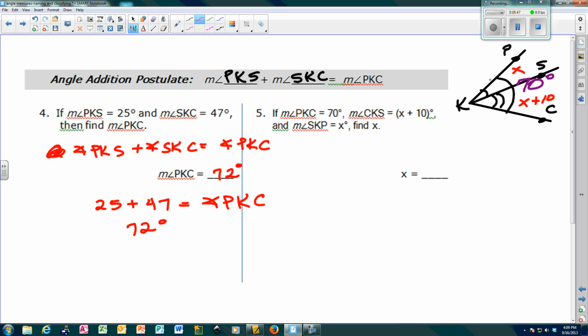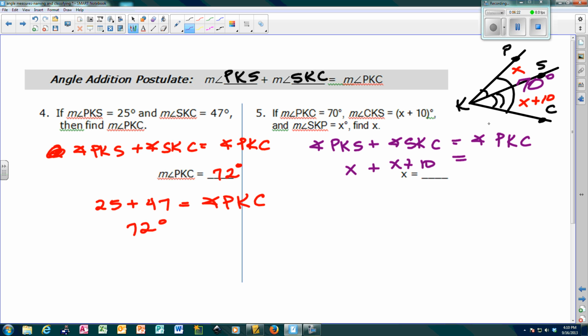So we know that the top piece plus the bottom piece equals the whole piece. So again, I'm going to rewrite. Angle PKS plus angle SKC equals angle PKC. So PKS is x, plus SKC, which is x plus 10, equals the whole thing.